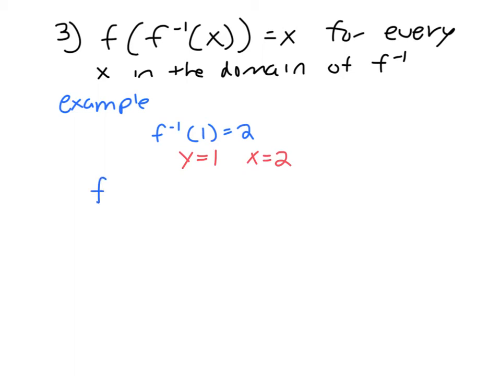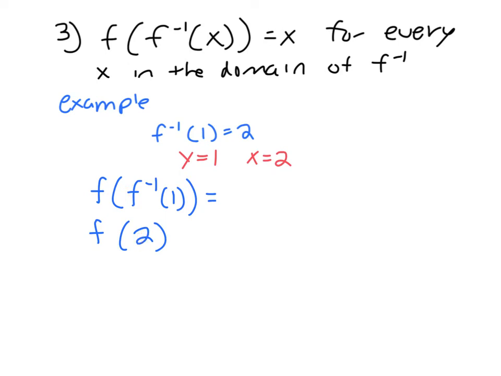So if I was trying to figure out f of f inverse of 1, I would plug this in, and I know f inverse of 1 is 2, because it's given here.